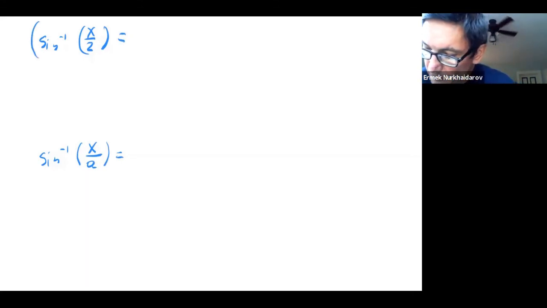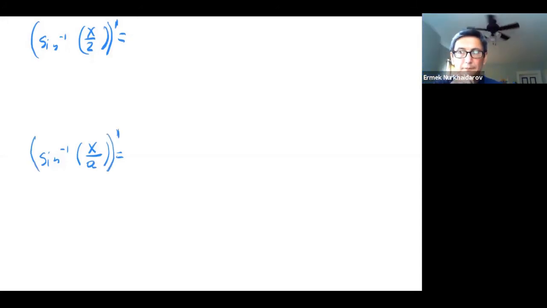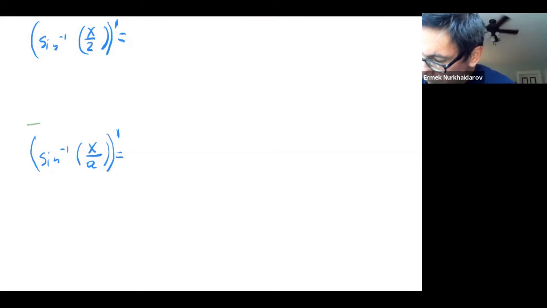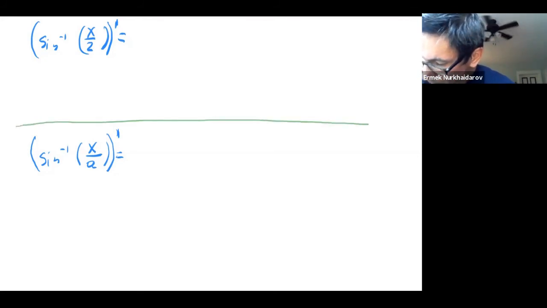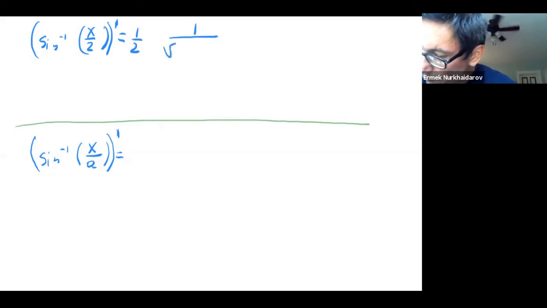We ask to find these derivatives. The derivative of the inside, x over 2, is 1/2. The derivative of sine inverse is 1 over square root of 1 minus x over 2 squared.